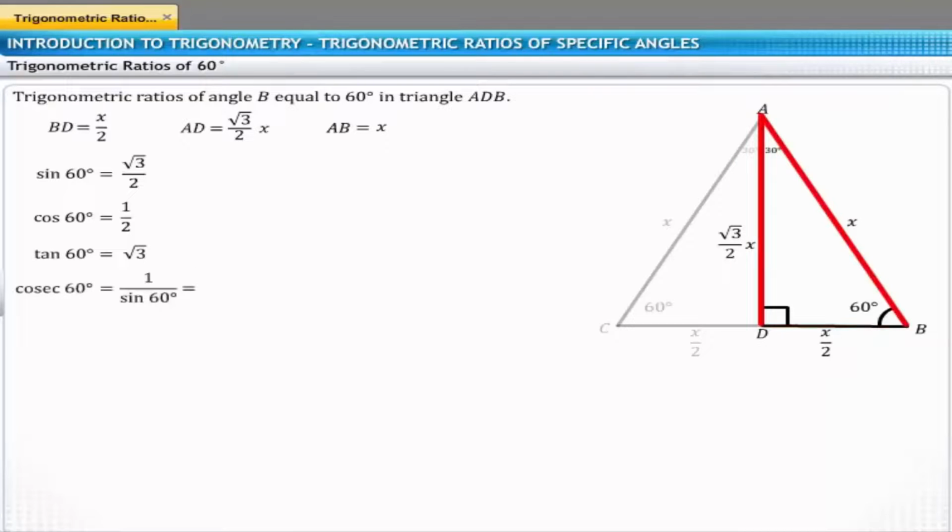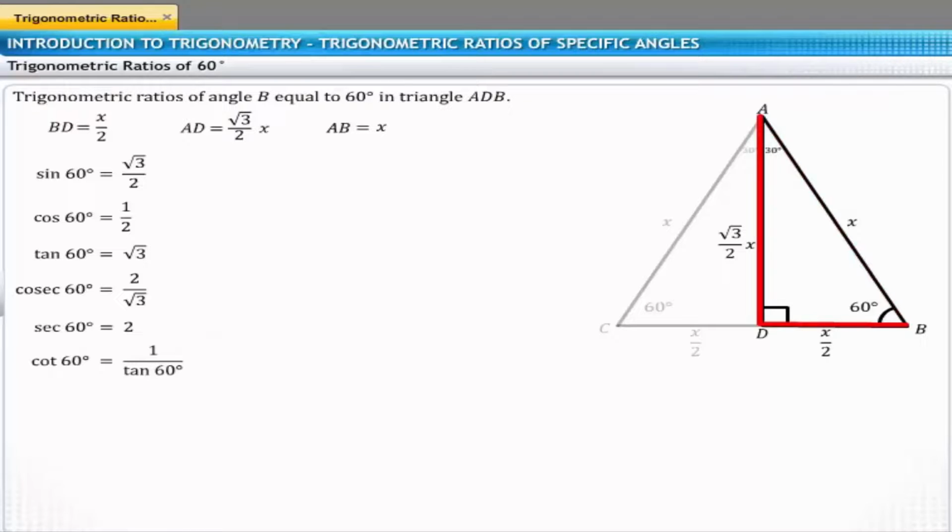Cosec 60 degrees is equal to the reciprocal of sin 60 degrees. Thus, cosec 60 degrees is equal to 2 by √3. Sec 60 degrees is equal to the reciprocal of cos 60 degrees. Thus, sec 60 degrees is equal to 2.